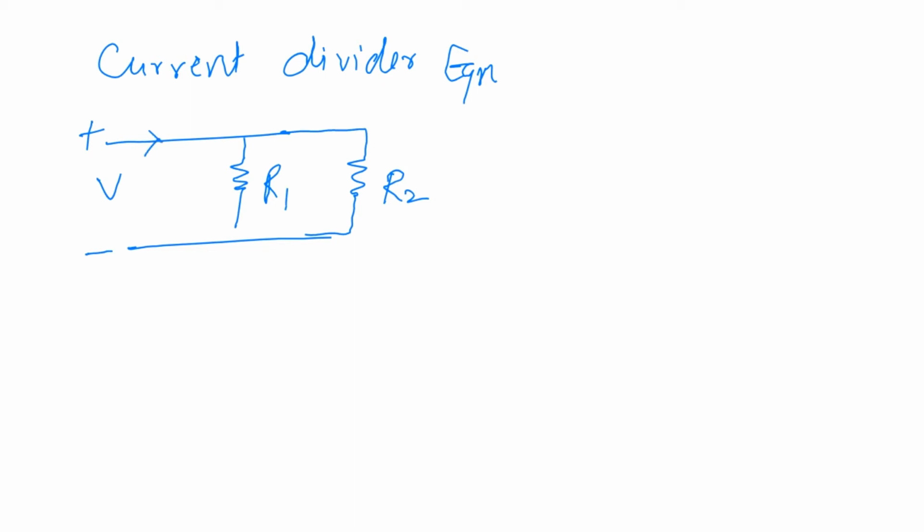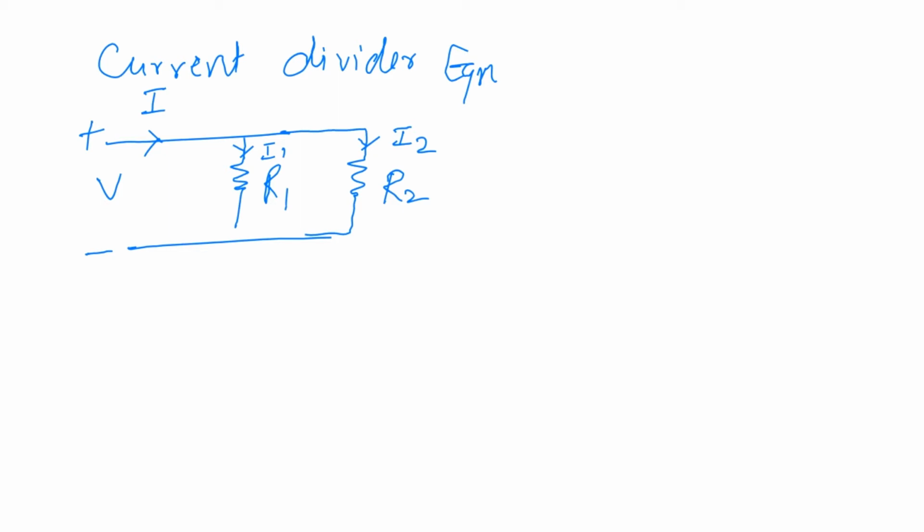Here I is the current flowing through this circuit. I1 current flows through this branch and I2 current flows through this branch. So how can you directly find the currents in branches I1 and I2?